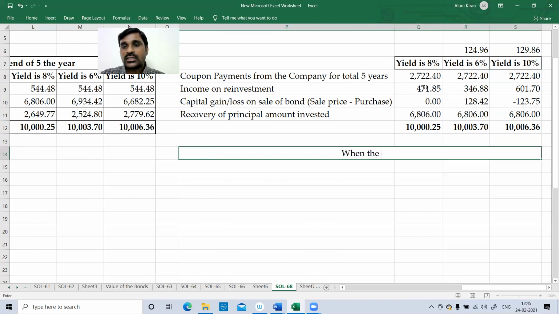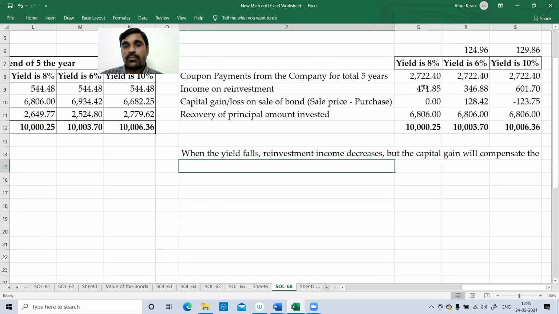When the yield falls, reinvestment income decreases, but the capital gain will compensate the fall in the reinvestment income.